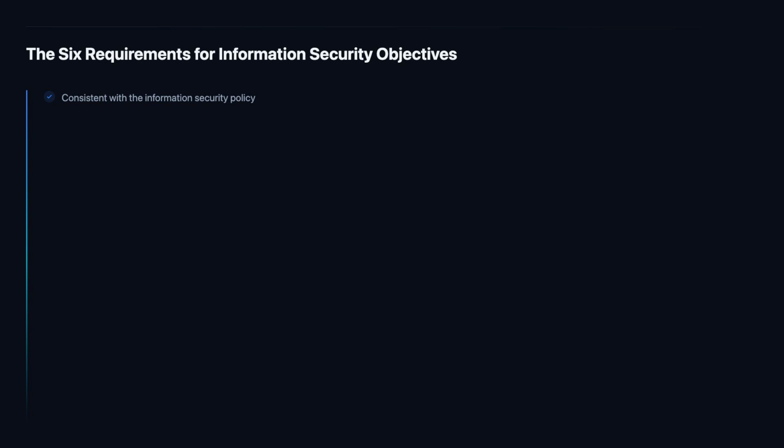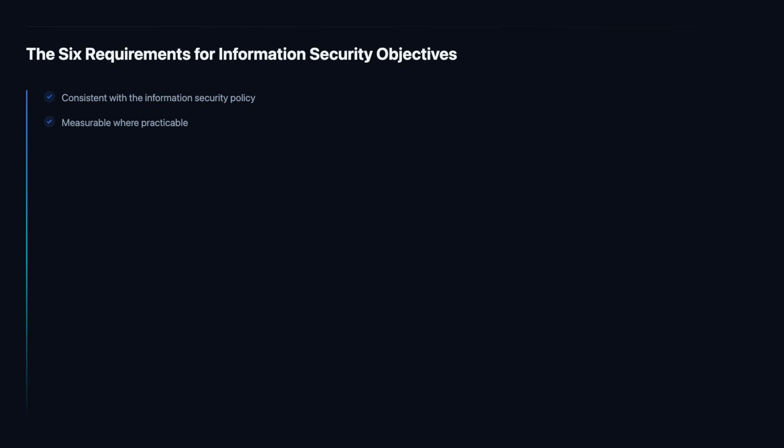If the policy commits to protecting personal data and maintaining business continuity, the objectives should reflect those priorities. Objectives that address risks or areas not connected to the policy's commitments suggest that the ISMS documents are not aligned, a finding that auditors will raise as a systemic weakness.